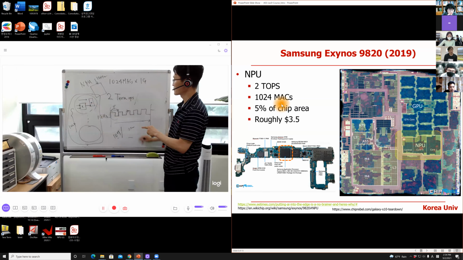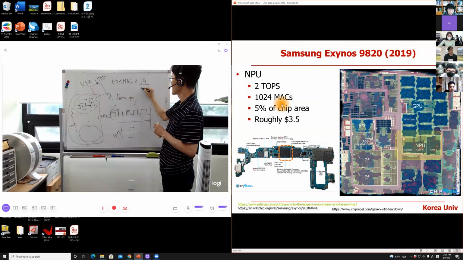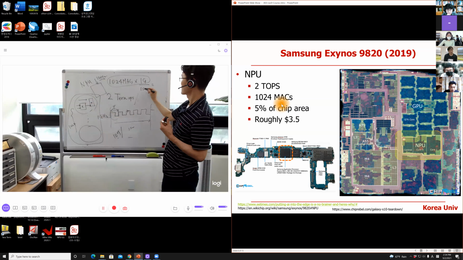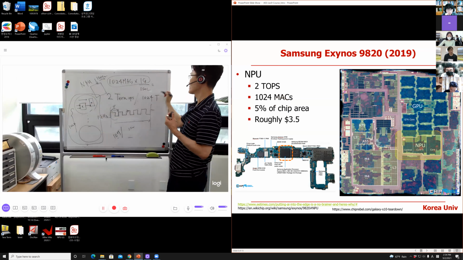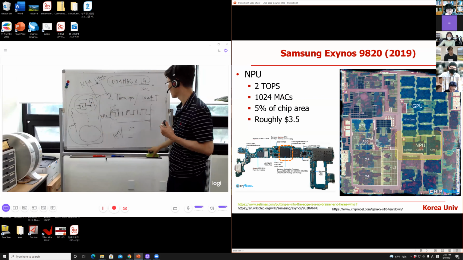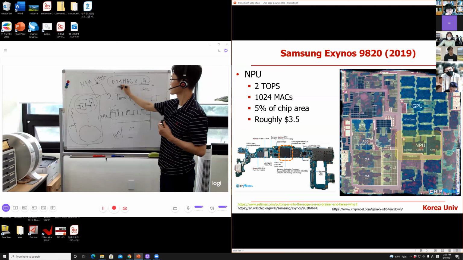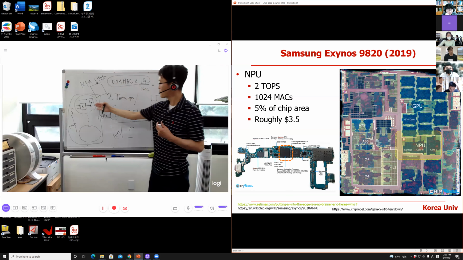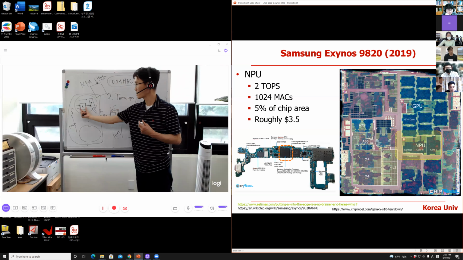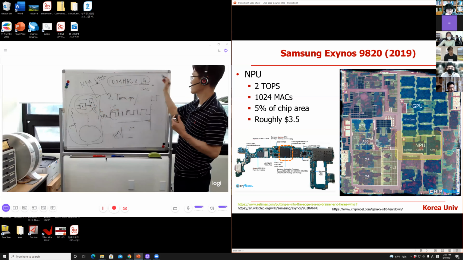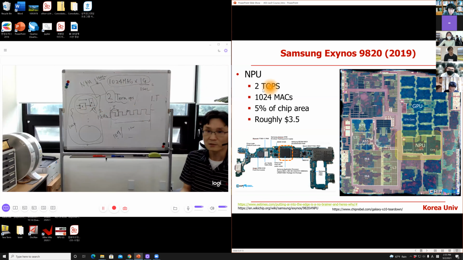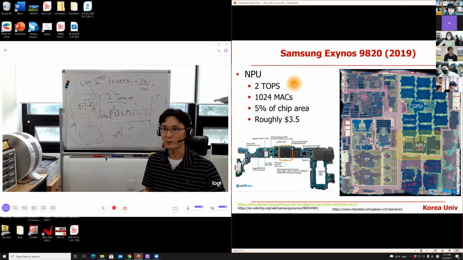In 1 second at 1 gigahertz, you do this many MAC operations, roughly 1 tera operation, think of it as 1000 billion. Multiplication and addition are 2 operations, so multiply by 2. Then you get 2 tera, 2 TOPS, if the NPU is running at 1 gigahertz.